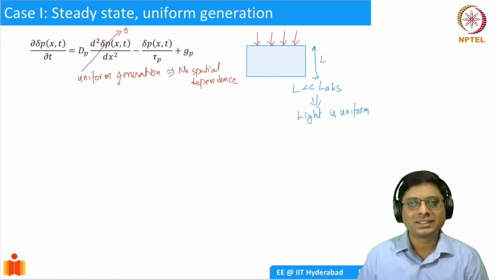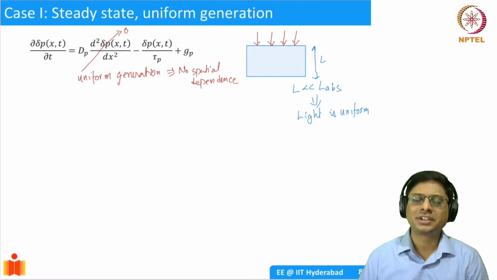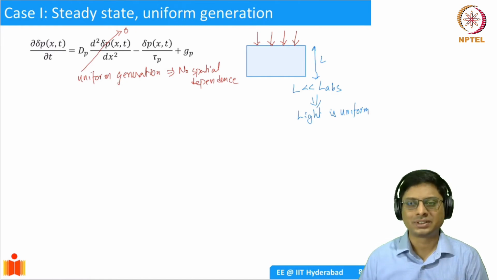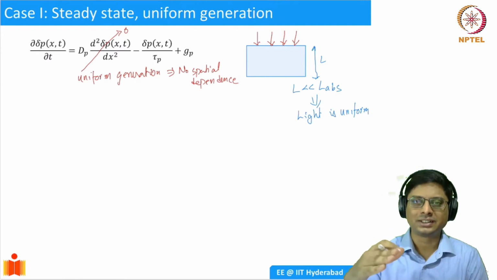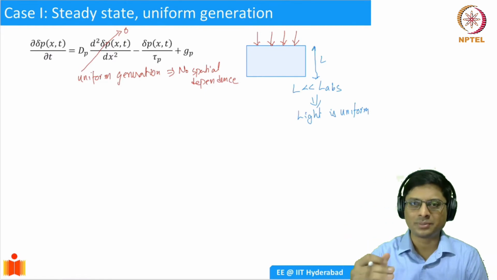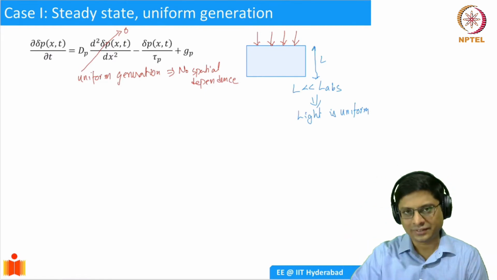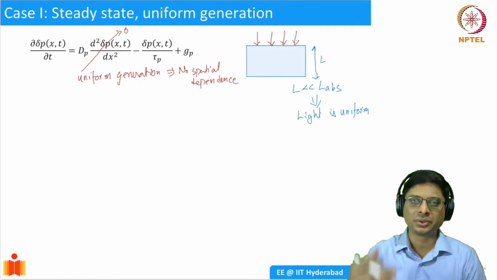And I'm also saying that this is a steady state problem, by which I mean that I have turned on light and I'm waiting for some time till everything stabilizes. It's not the same as equilibrium. Once you introduce electron-hole pairs using light, there is an excess minority carrier density, and then there is some recombination. So light is driving the creation of excess minority carriers, and recombination is reducing it.